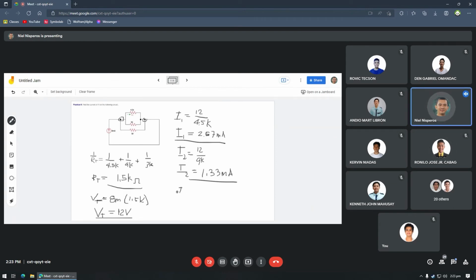And then we have our I3, so 12 divided by 3K. Ilan siya? 4 milliamperes.